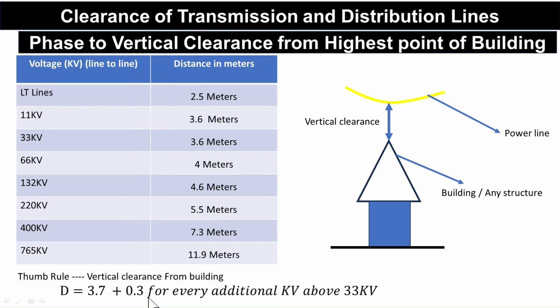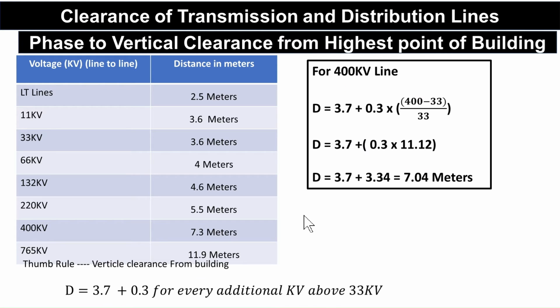You can understand this by calculating the vertical distance of a 400 kV line from the highest point of the building using this formula. From this example, you can know how we can calculate the vertical distance of any transmission line above 33 kV.